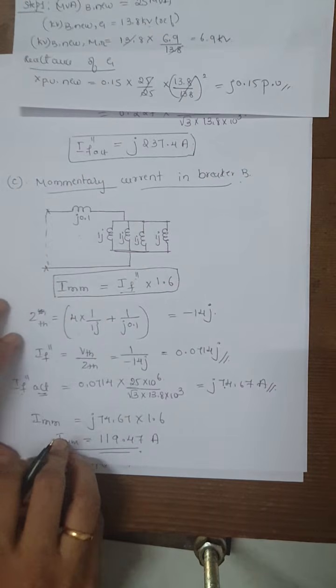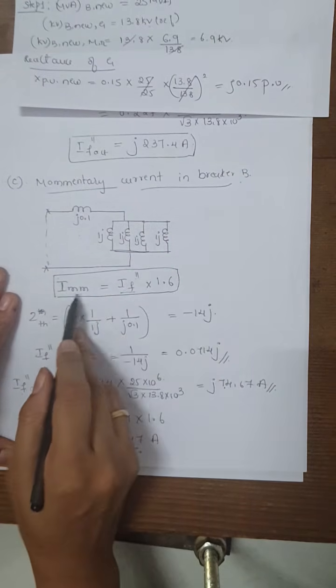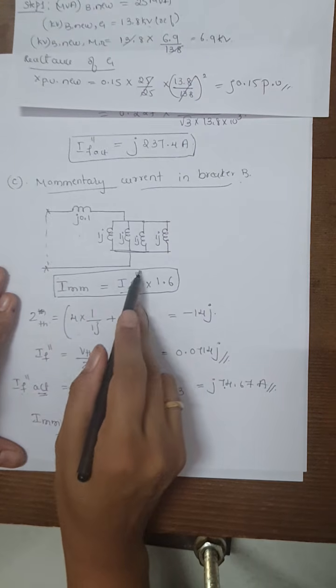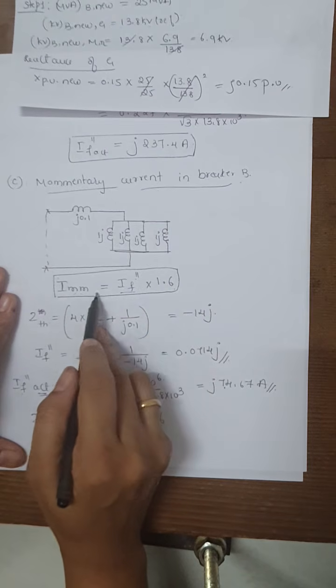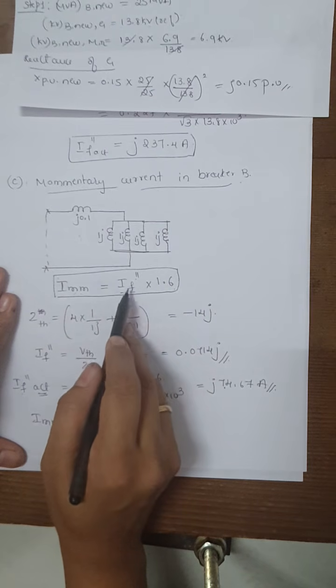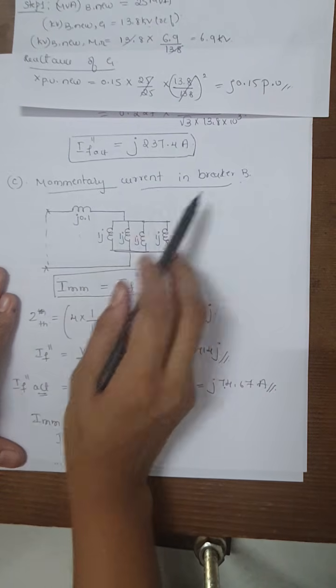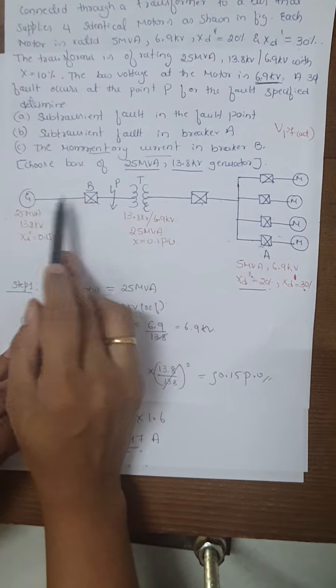Now remember, for the momentary current in the circuit breaker B, the formula from the derivation of selection of circuit breaker is IF double dash into 1.6. Before calculating IMM, you need to first calculate IF double dash. Since the circuit breaker B is operated, the generator connected to it is going to be disconnected from the system.